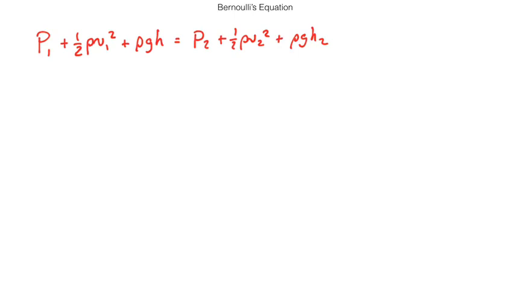But this should look familiar. It looks like conservation of energy, doesn't it? I mean, not only does it have a comparison between 2 points, but 1/2 rho v squared? What does that look like? It looks like kinetic energy, doesn't it? But it's not energy. What are the units of 1/2 rho v squared? Hint, what is it being added to?